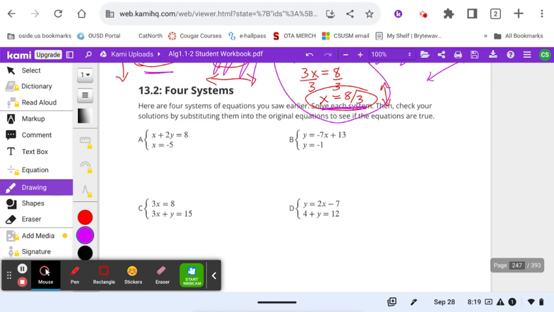Let's try some substitution. We're going to be taking this value of an isolated x, -5, and plugging it into the other equation. We then add that 5 to both sides. We get 2y equals 13. Remember, we can get decimals on these, because 13 divided by 2, grab your calculator, what's that going to give you?